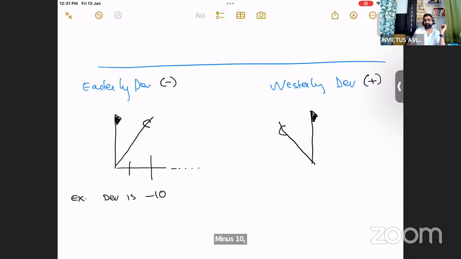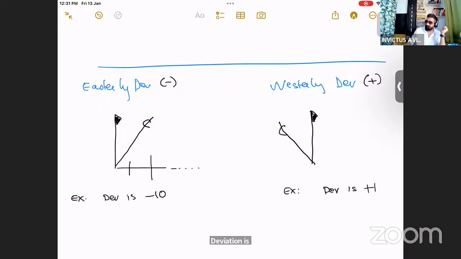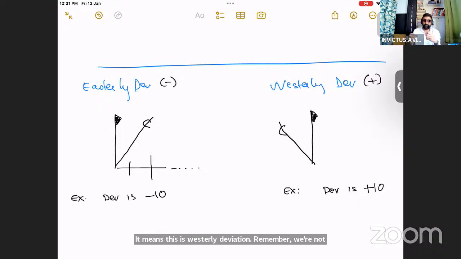And in another example, the deviation is plus 10. It means this is westerly deviation. Remember, we're not talking about adding or subtracting. We're talking about the nomenclature, the name, the identifiers. Very important distinction this is.